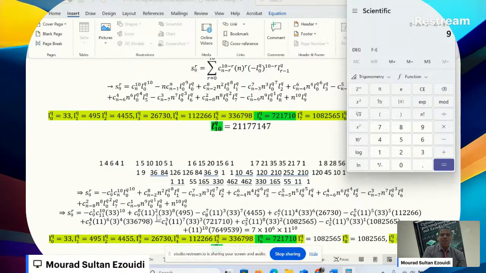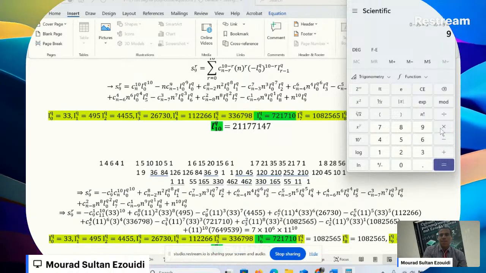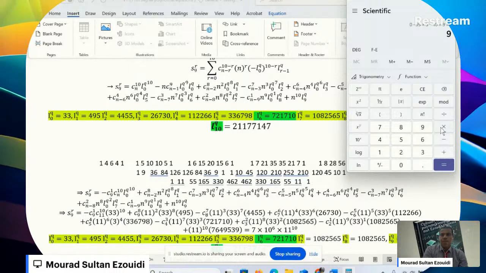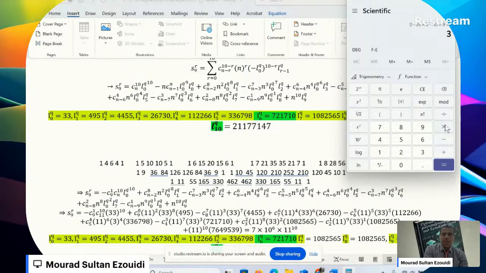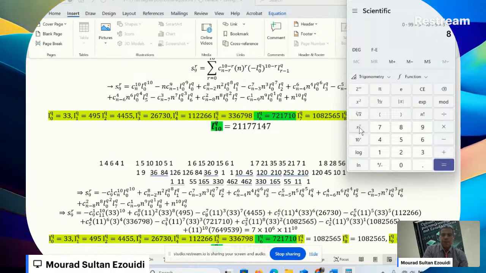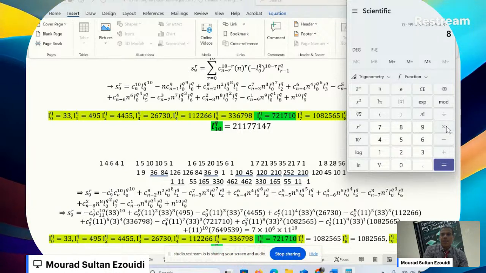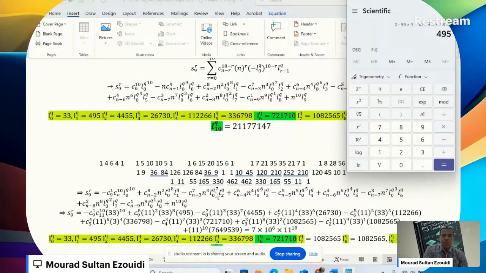So I'll make the combination 9 choose 8, times 3 raised to the power 8, times 495. Then multiply by 495.